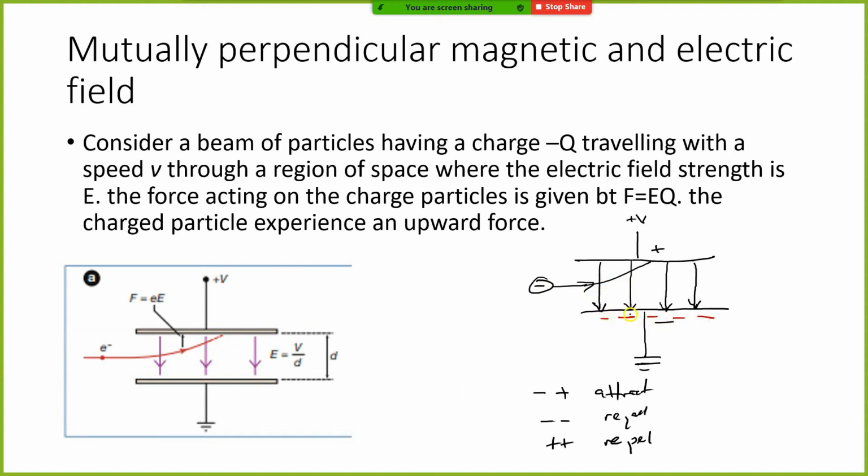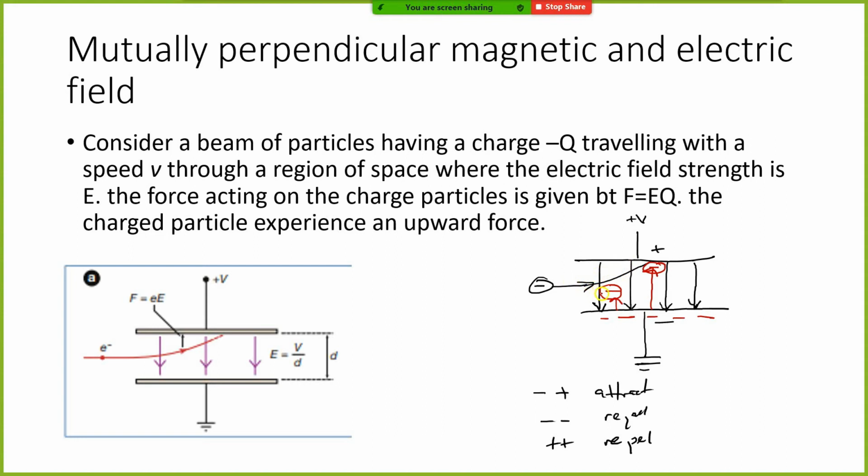So if you have the electrons coming in right here, at this point there will be a force that is going to push it up so that it goes towards the positive plate, because as we said, negative and negative repel. But at the same time, we could say that there is a force of attraction between the positive plate and the negative electron, because they are opposite to each other.